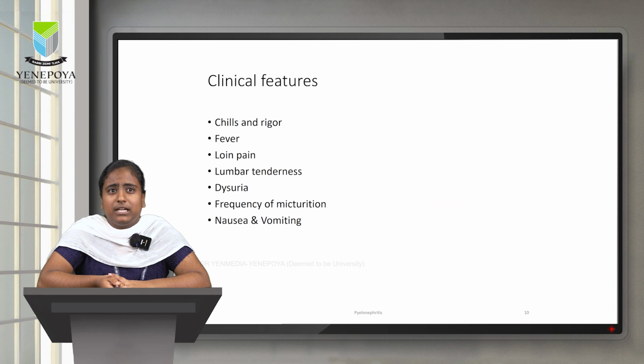So what are the clinical features? The first ones are chills and rigor, fever, loin pain, lumbar tenderness, dysuria, frequency of micturition, nausea and vomiting.